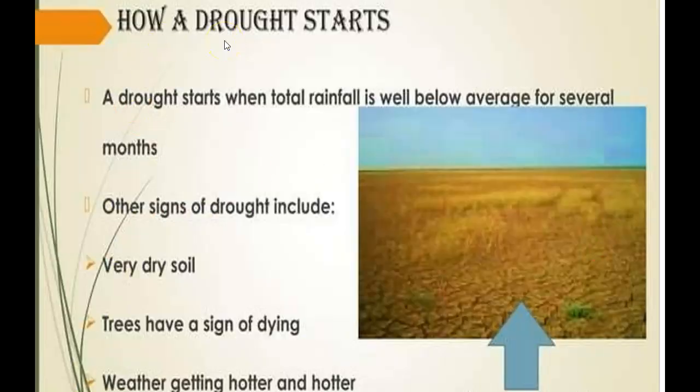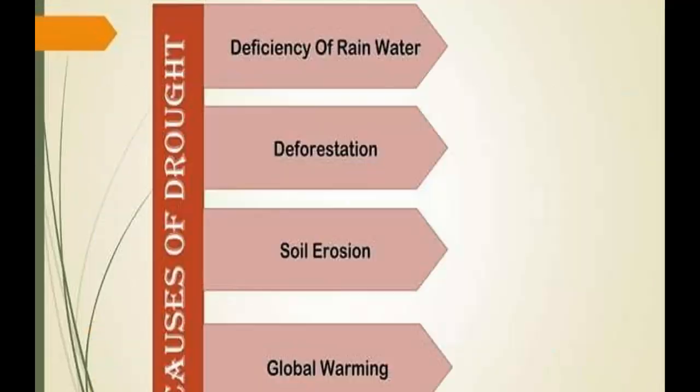How does a drought start? A drought starts when total rainfall is below average for several months. Other signs of drought include dry soil, trees showing signs of drying, and the weather getting hotter and hotter.